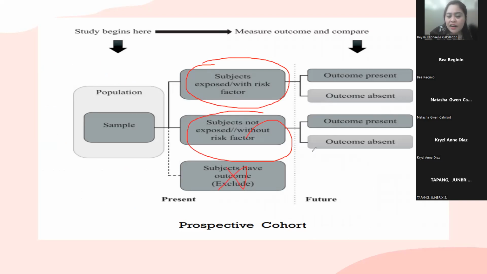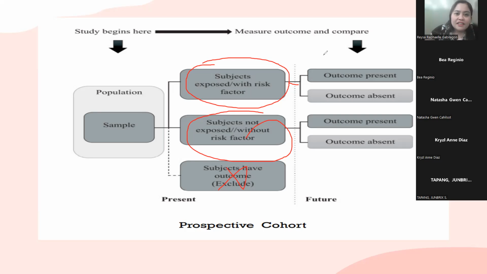Hindi kasali yung may lung cancer na daan. Tapos we will follow them in the future kung sino sa kanila yung magkakaroon ng sakit at sino yung hindi. And then at the end of the study, we can conclude whether that risk factor is really associated to developing the disease or not.